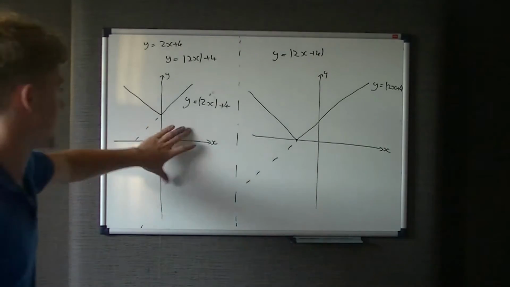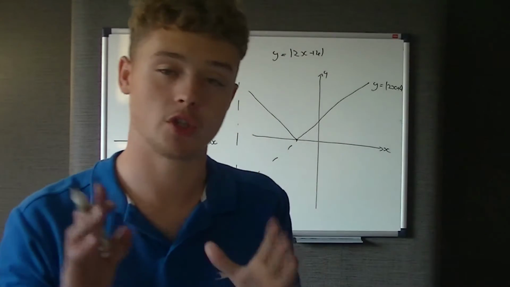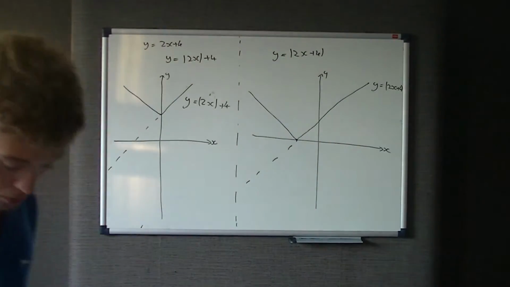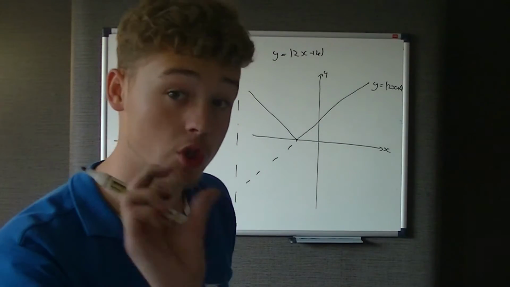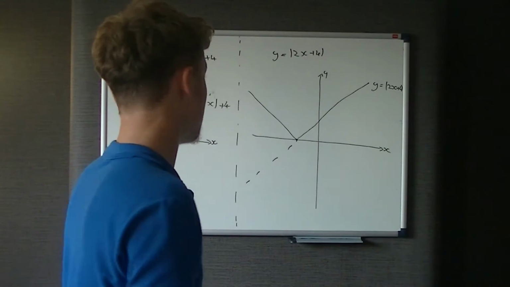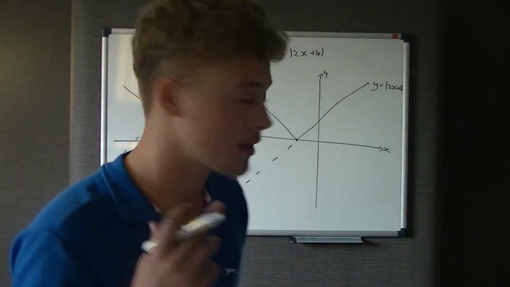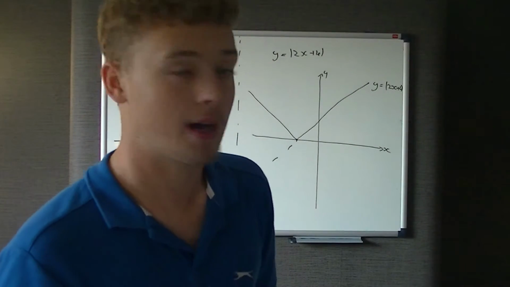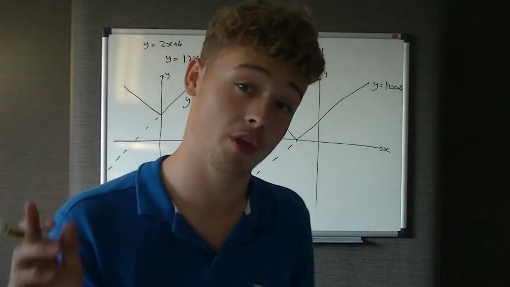So this can be negative. On the left, where the modulus is just over the x, it can be negative because the number on the outside can make it negative. But as long as it's reflected from the right hand side into the left hand side, when the modulus is just over the x, it can be positive, because remember, y equals whatever that does, and if the modulus is negative, y is going to be positive, and if the modulus is positive, the y is going to be positive if the modulus is over the whole thing.